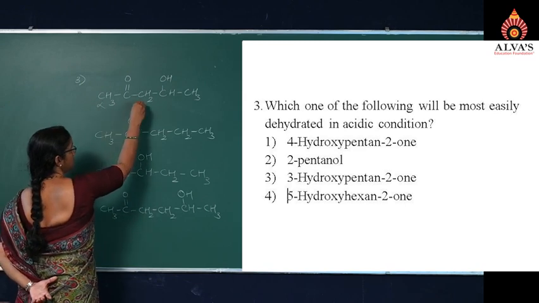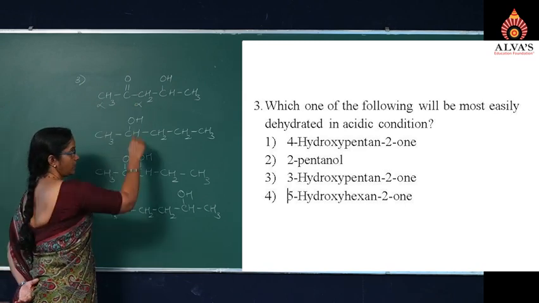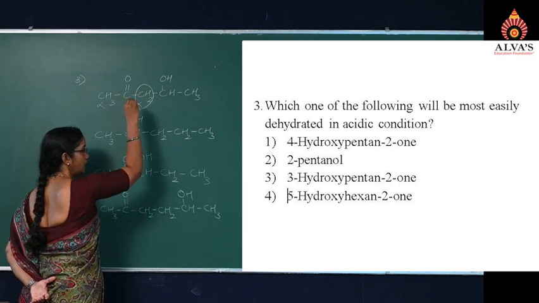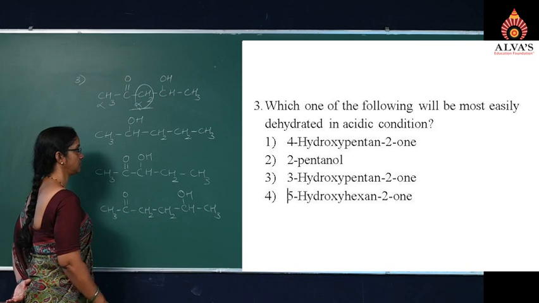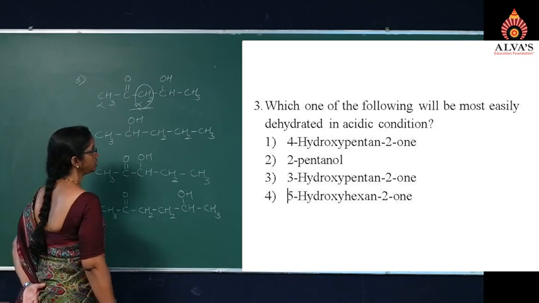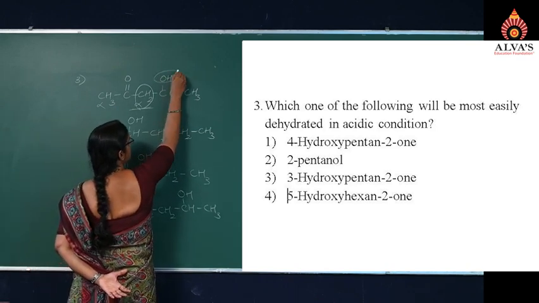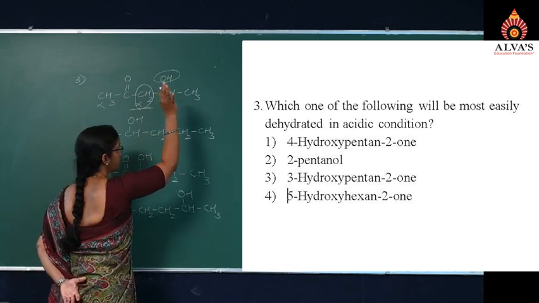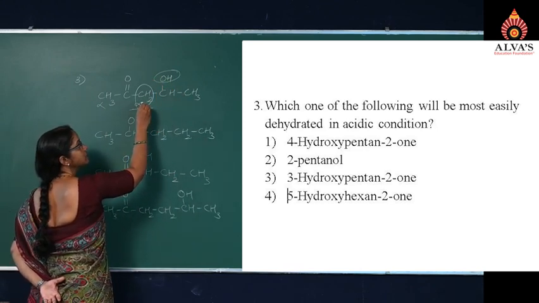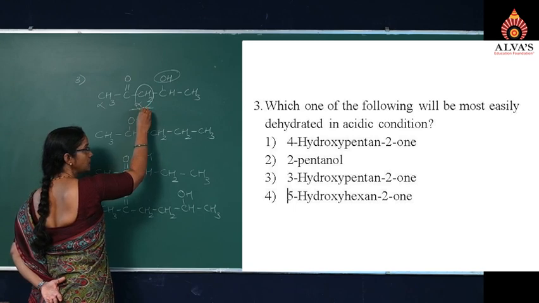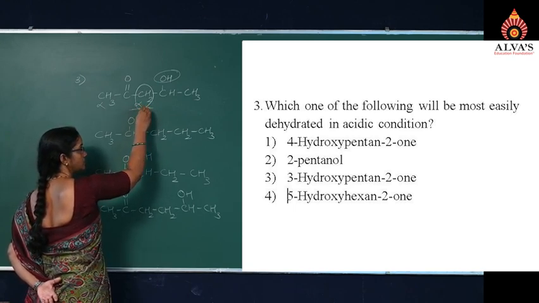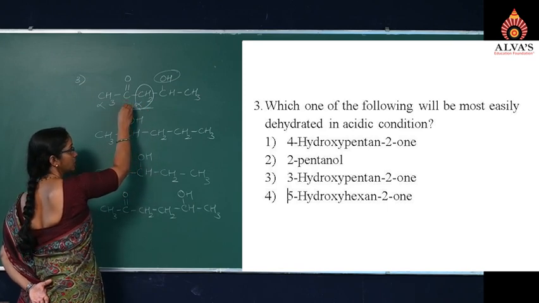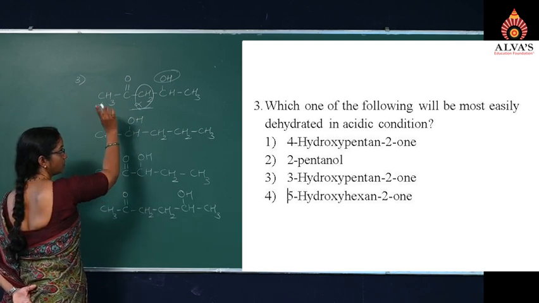One is this and another is this. I observe that this is a highly acidic position, and in addition to that, after protonation of OH, water will be removed and the second step will easily release a proton because this alpha hydrogen is present exactly next to the carbonyl carbon. Hence, the removal of water is easier here.